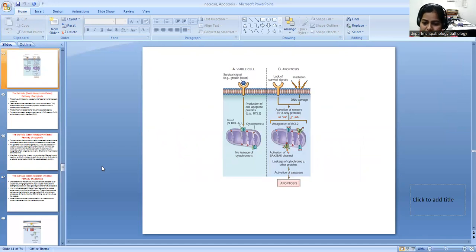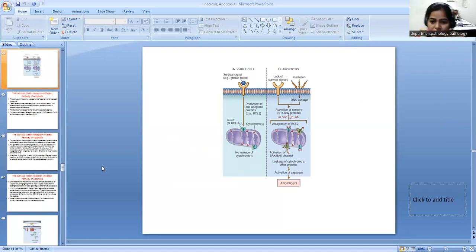This is the viable cell compared to the apoptotic cell. Viable cells have survival signals, growth factors, anti-apoptotic factors, production of proteins continues, and there is no leakage of cytochrome C. On the other side, there is lack of survival signals, irradiation, DNA damage.